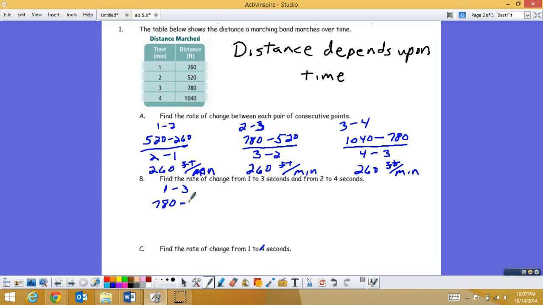And we're going to subtract the distance at 1, which is 260 feet. And we're going to subtract the time, the 3 minus the 1. So when we do that, we have 780 minus 260. That is 520. And when we subtract the time, 3 minus 1, that's 2. So 520 divided by 2 is 260 feet per minute.